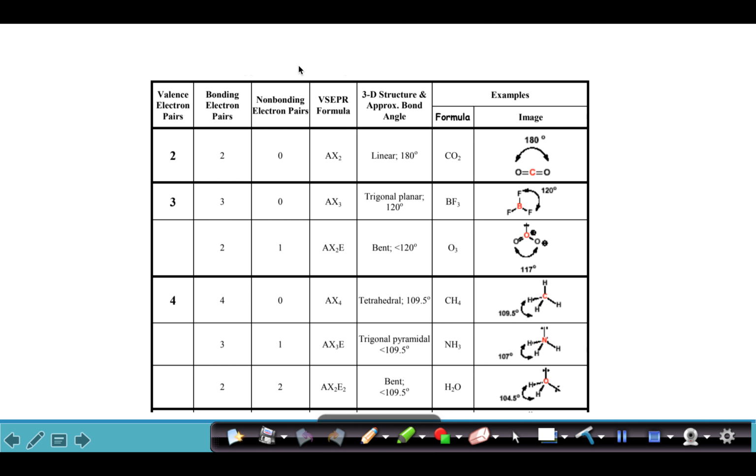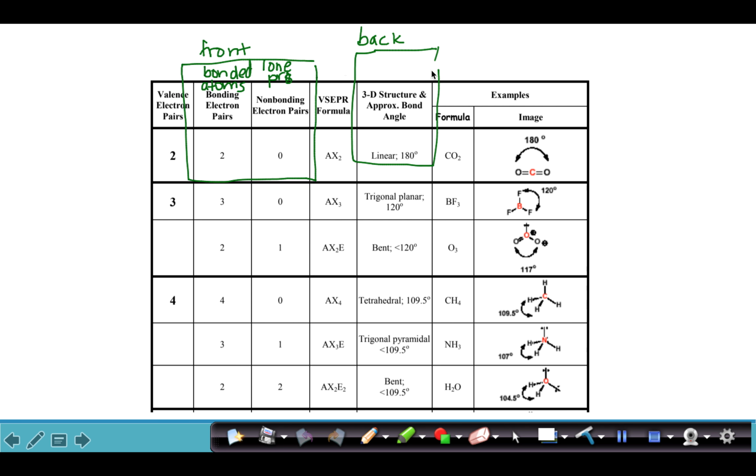So in order to make sure that you learn these, what I would suggest is put bonded electron pairs or bonded atoms and non-bonding electron pairs or lone pairs on the front of an index card and put the 3D structure and approximate bond angle on the back of the index card.